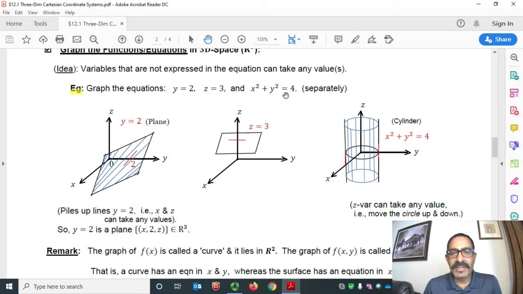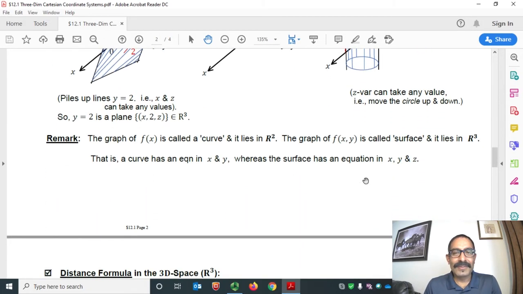Since the z variable is missing, that means now I can move this circle up and down, taking any positive z value, taking any negative z value. That means I'm stacking the circles up as well as down. Then this forms a cylinder. I hope this makes sense to you all. Now let's move on.